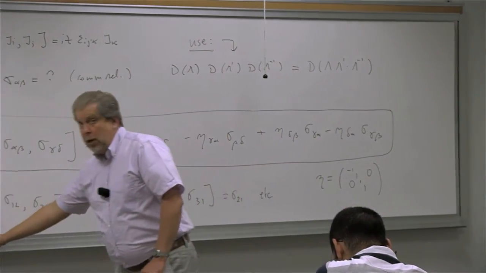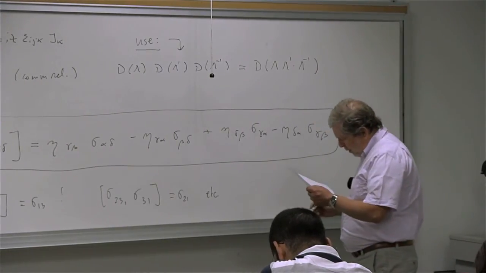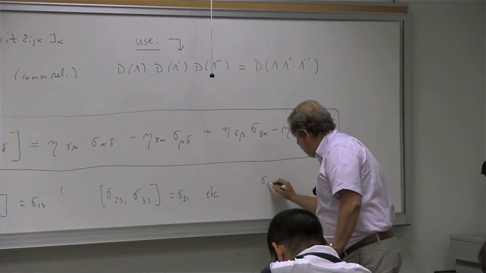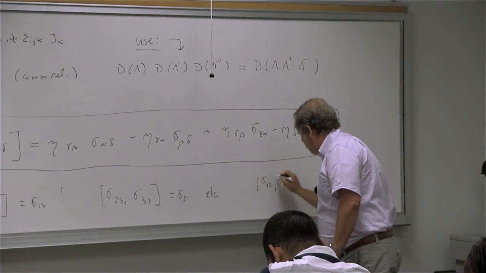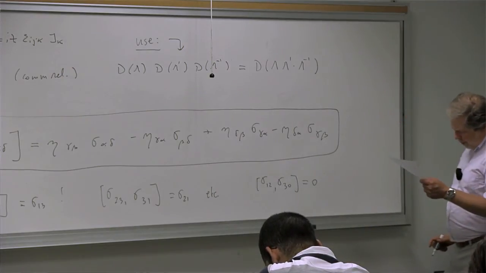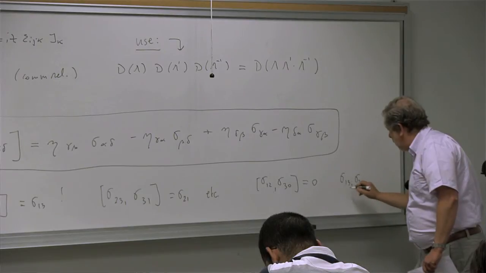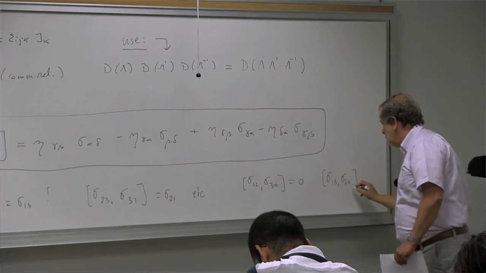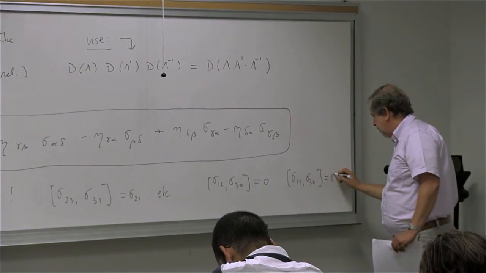They're all very simple. And then, for example, if one of them is a naught, then you have sigma 1,2, sigma 3,0 commutator. This one is 0. And sigma 1,3, sigma 3,0 is equal to sigma 1,0.